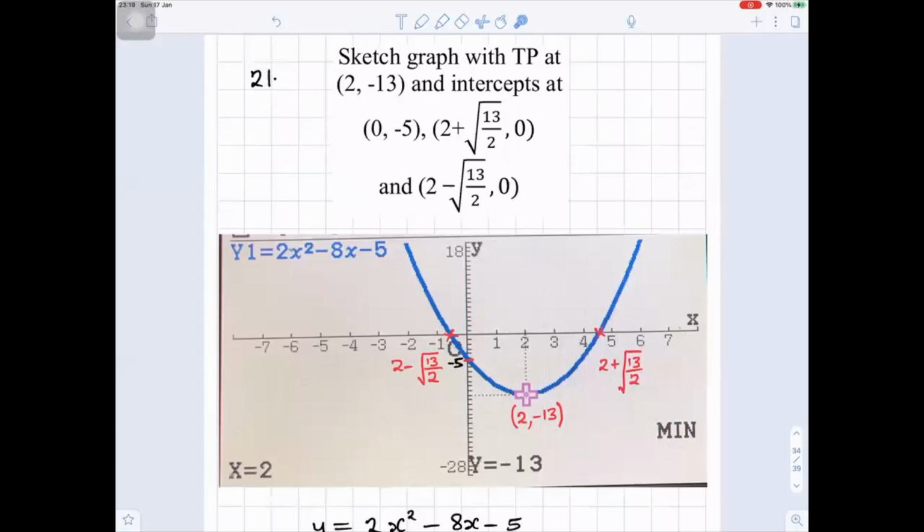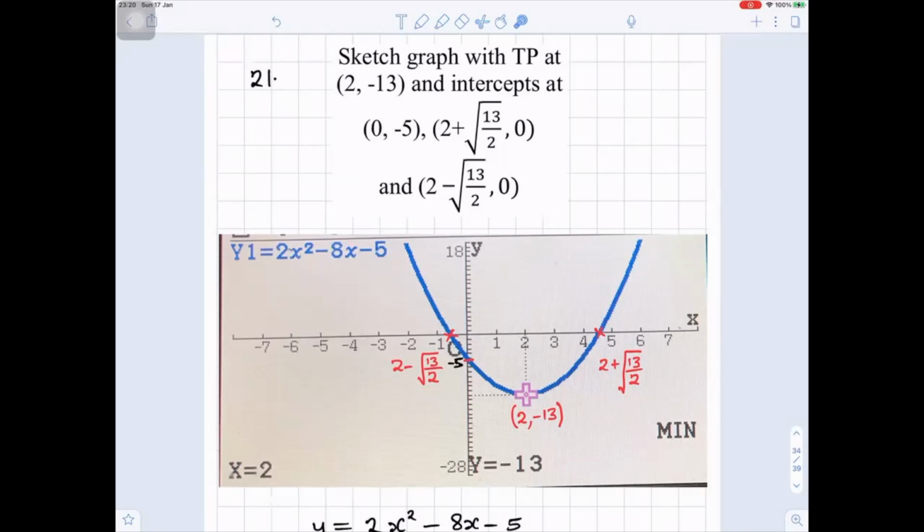So this is the information we use for drawing the graph. The turning point, (2, minus 13). Intercept on the y-axis, (0, minus 5). Intercepts on the x-axis, (2 plus root 13 over 2, 0) and (2 minus root 13 over 2, 0). So it's a U shape. It crosses the y-axis at (0, minus 5).